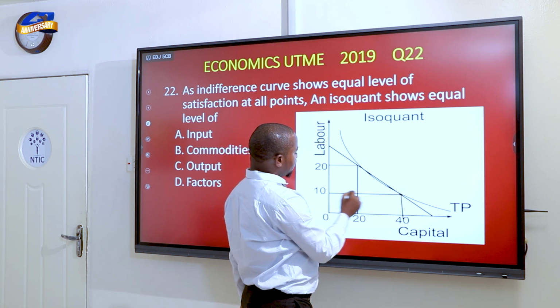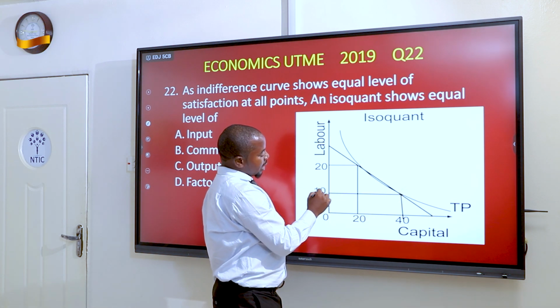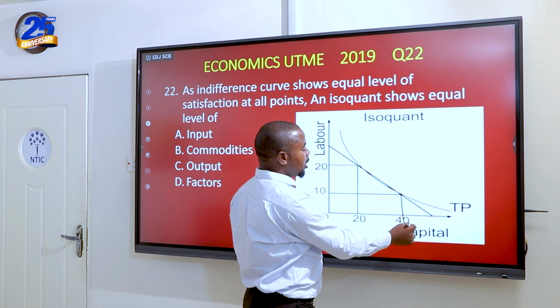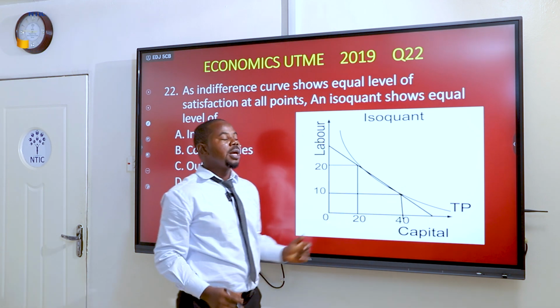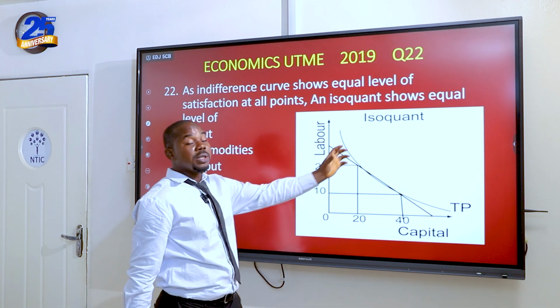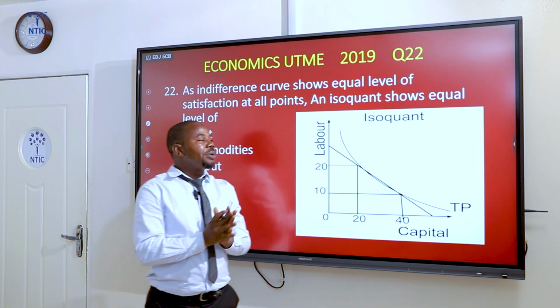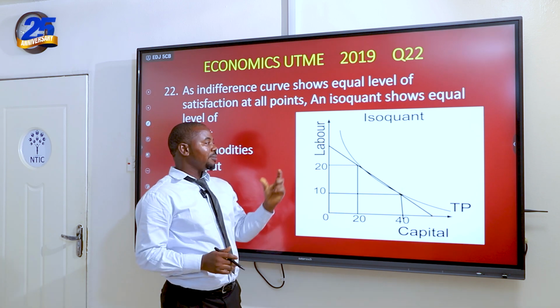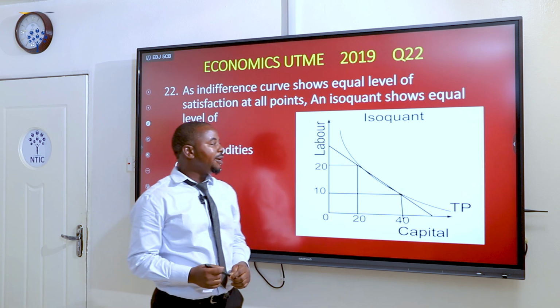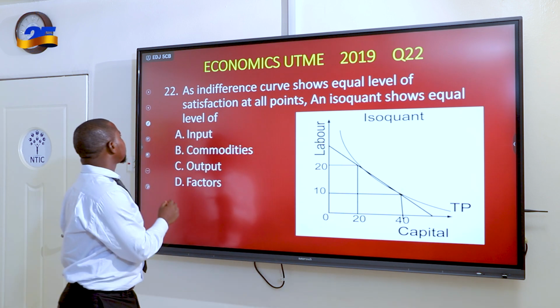Same at this point, if the firm uses 10 level of labor and 40 capital, it's still going to yield the same level of output. So isoquant is simply the combination of factor inputs, basically like your labor and capital, that will yield the same level of output.